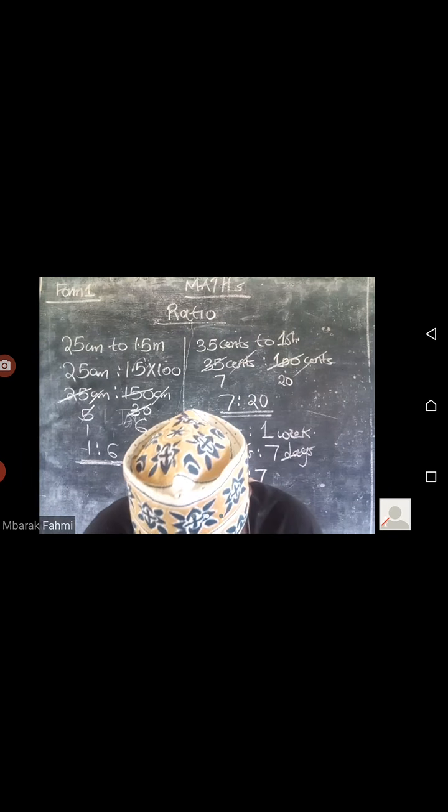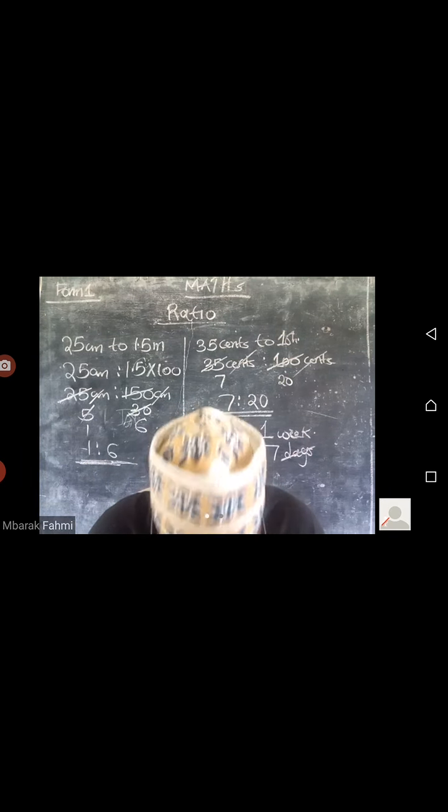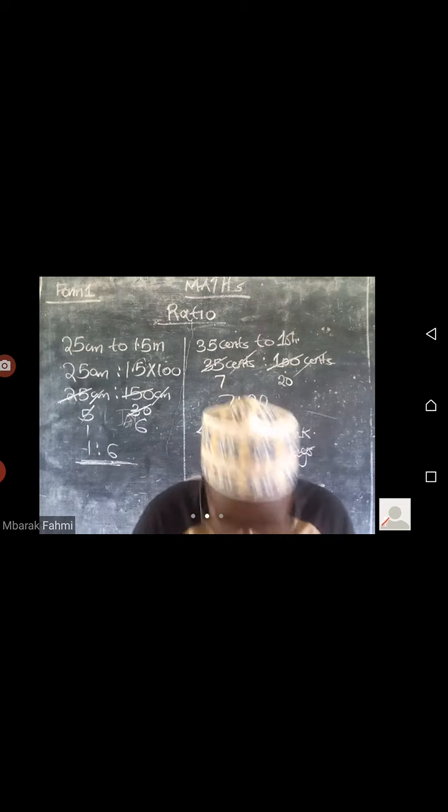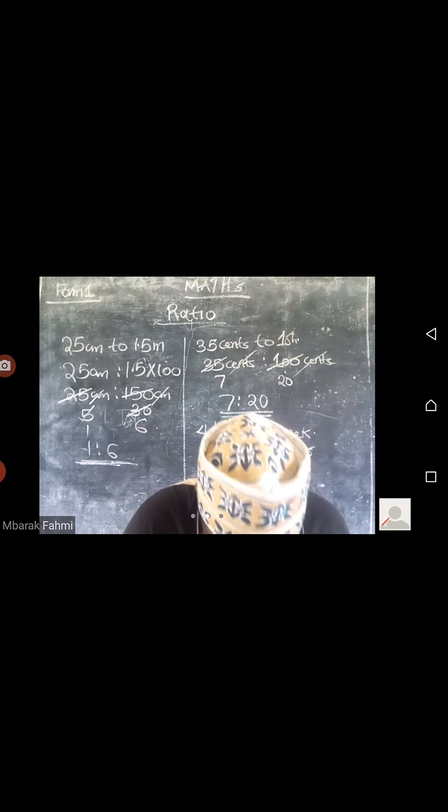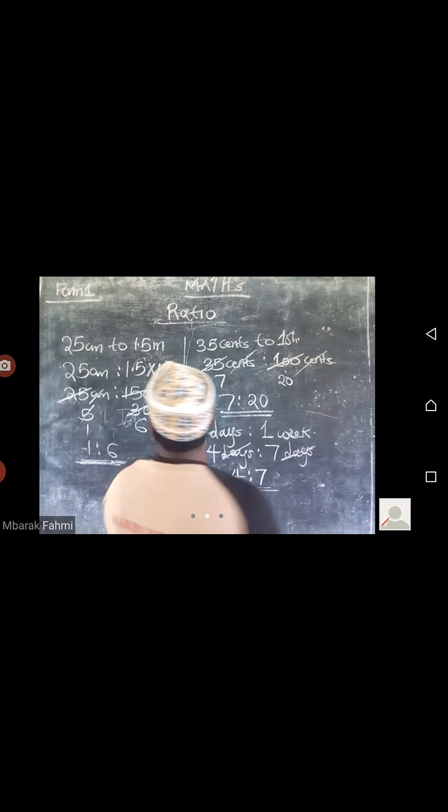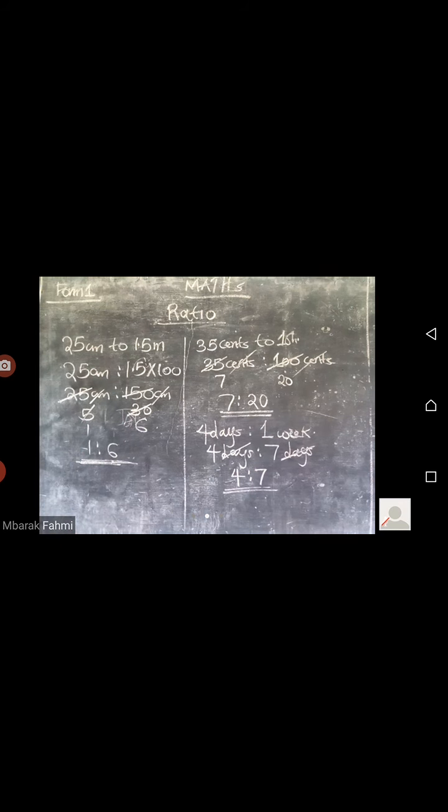You should also be able to work that out. For example, 3.8 liters is to 19 liters. So can we find the ratio of that?